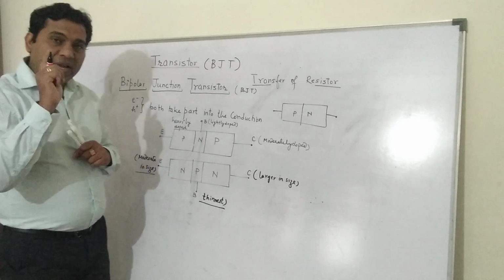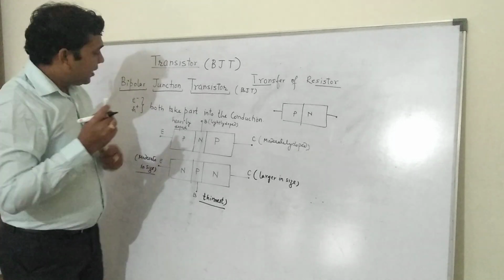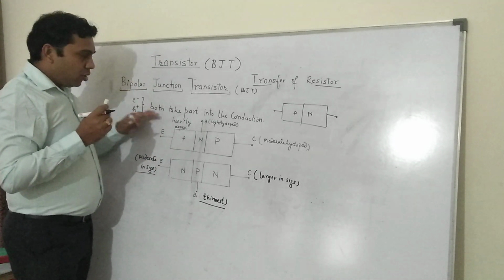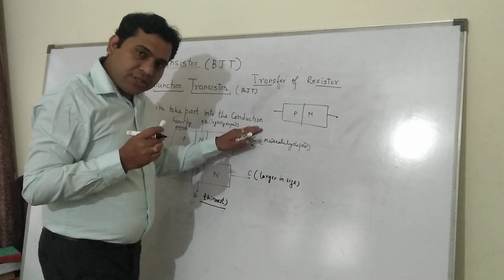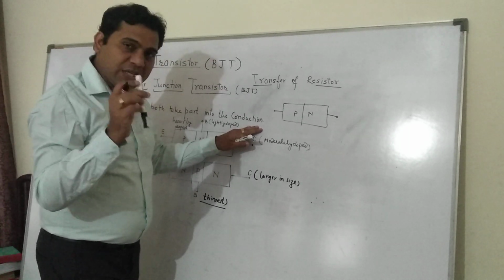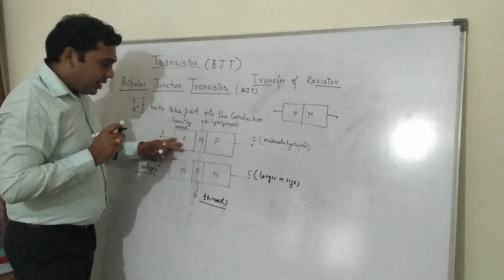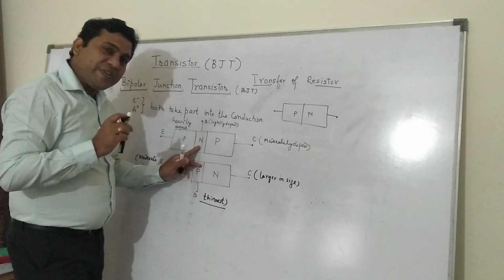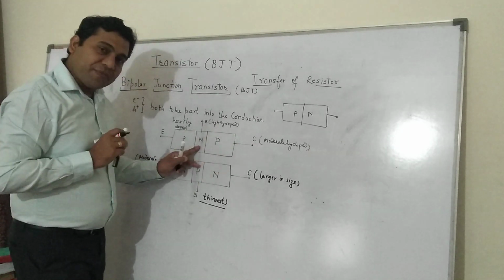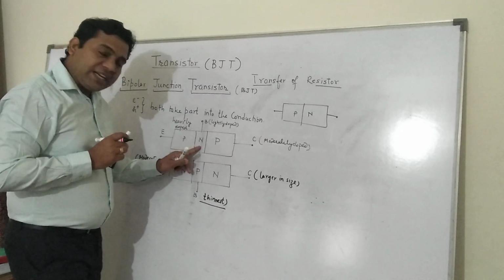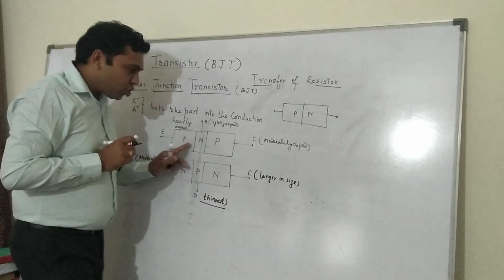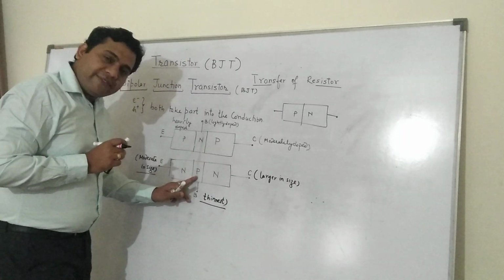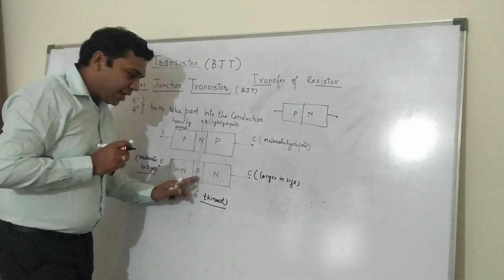So what we have understood about the transistor: it is bipolar. Both the polarity take part into the conduction, electron as well as hole. It has three terminals. One type of semiconductor is always sandwiched between the other type. If N is sandwiched, it is known as a PNP. If P is sandwiched, we call it NPN.